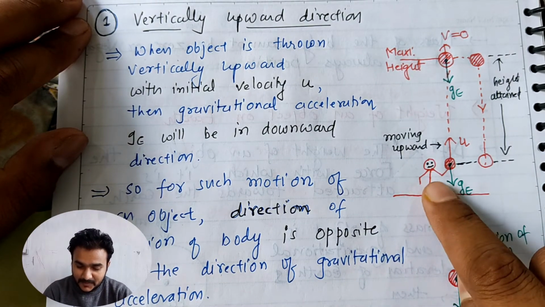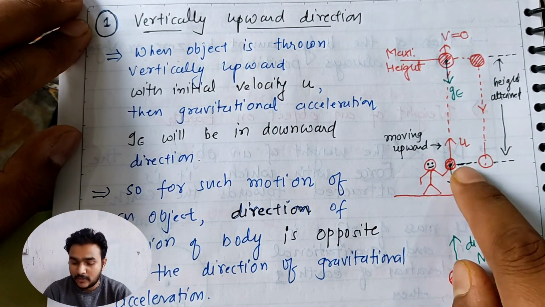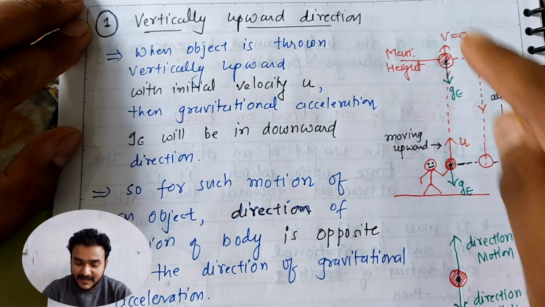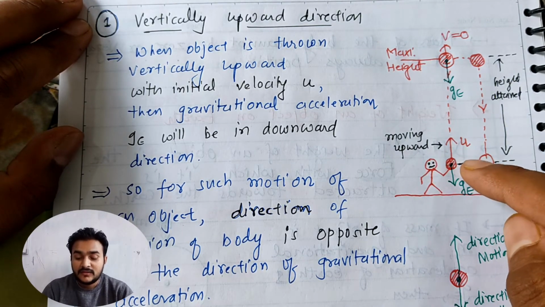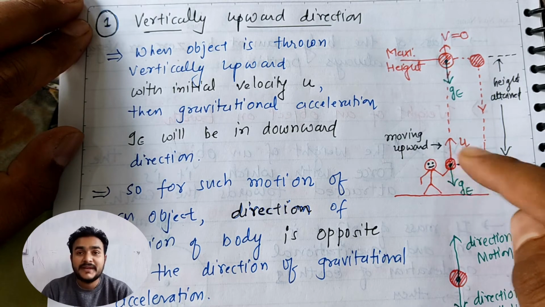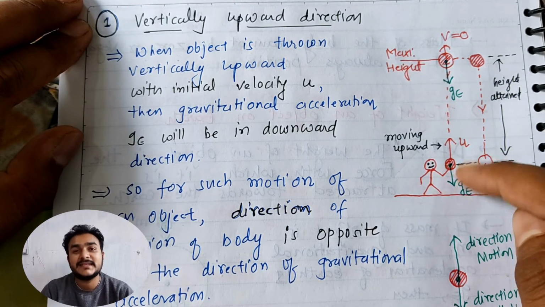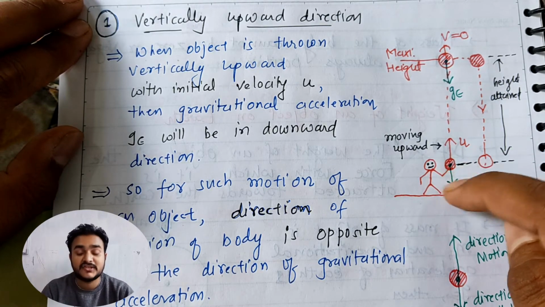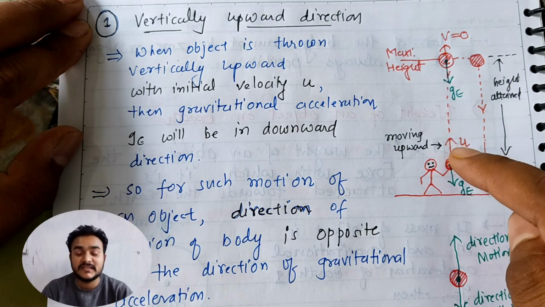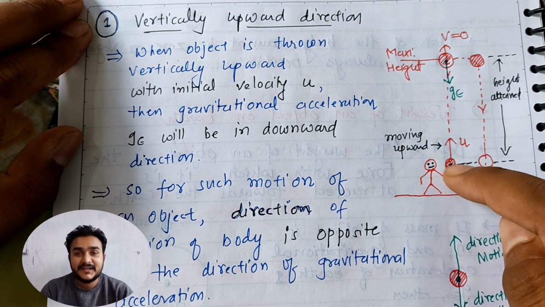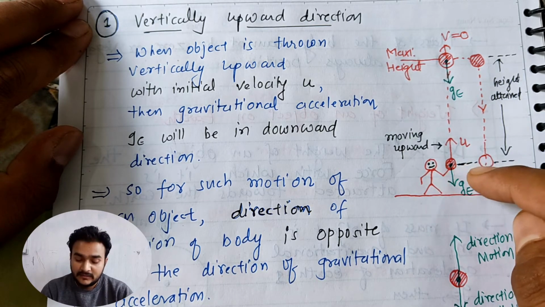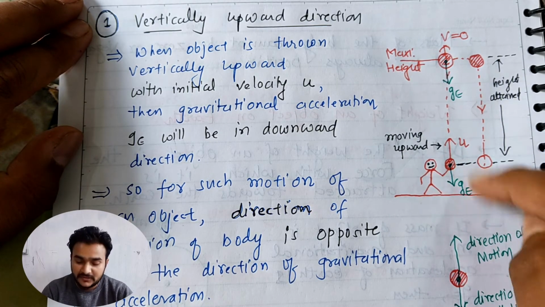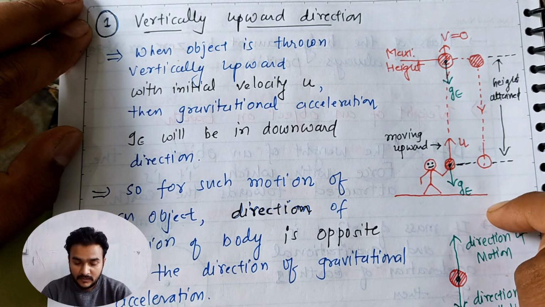So consider this person is throwing a mass m object in upward direction, and the throwing speed or throwing velocity is considered to be the initial velocity u, and it will always be in the upward direction. At the point of throwing, the gravitational acceleration is always towards the downward direction.